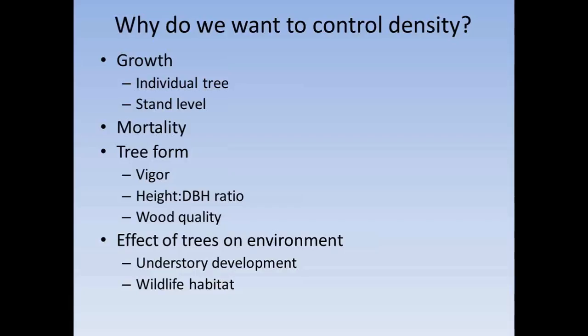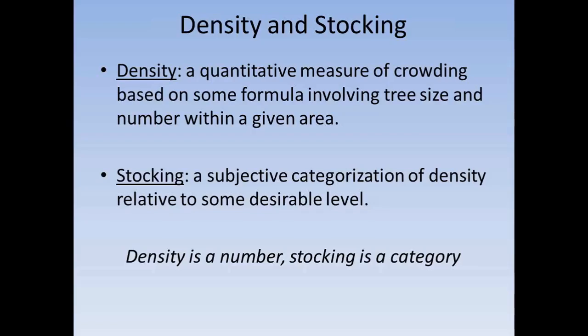The height-DBH ratio and other aspects of tree form are affected by density. Wood quality, both how long trees retain lower branches, for example, and the annual growth increment, are also related to density. Density also has an effect on the environment. The development of understory is related to density, and the quality of wildlife habitat is also related to density. So it really captures, in some respects, the full range of topics that we're interested in forestry somehow relate to density.